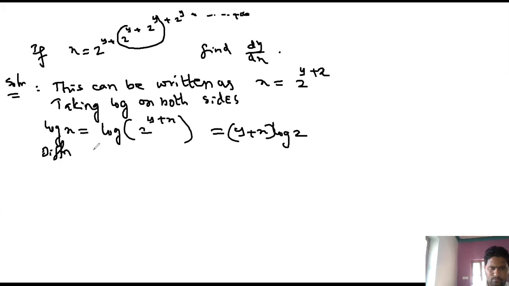Differentiating with respect to x, the derivative of log x is 1 by x, equal to, now how to find the derivative of y plus x into log 2? We can apply the product rule. First variable y plus x into the derivative of log 2. What is the derivative of log 2?